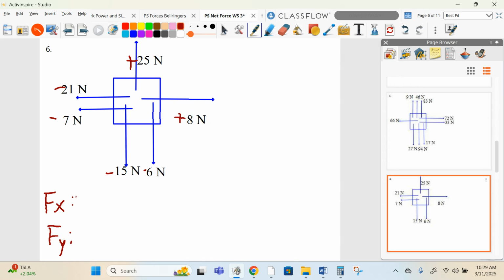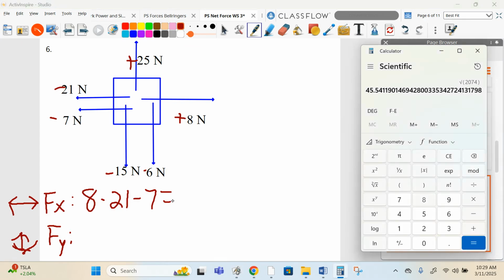So x is horizontal, left and right, y is vertical, up and down. So in the x, I had a positive 8, I have a negative 21, I have a negative 7. I'm going to add that in my calculator, 8 minus 21 minus 7. Now I end up with negative 20.